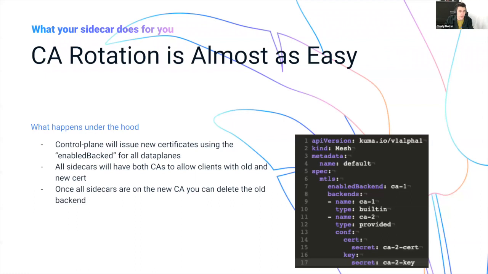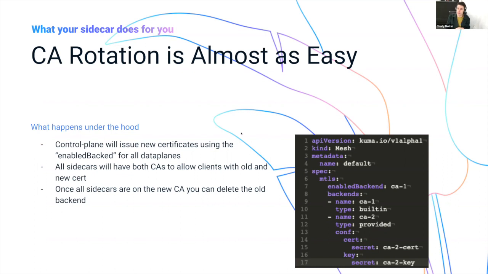So now we went through mutual TLS, we can go one step up and rotating CA. Rotating CA is almost as easy. So what we do in our case is add another CA backend, and then we're going to change the enabled backend from CA1 to CA2.